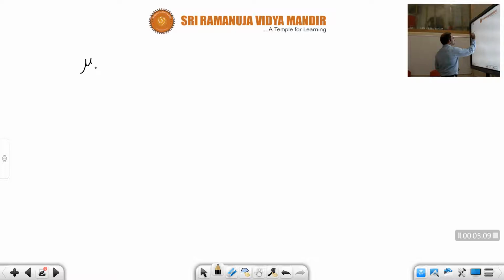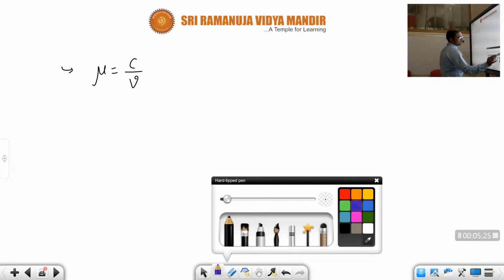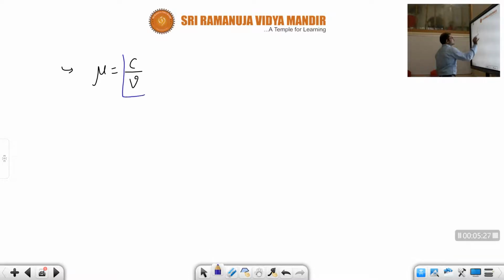Let us talk about relative refractive index or absolute refractive index also. Mu equal to C by V. That is in terms of what, children? Speed. This one is in terms of speed.